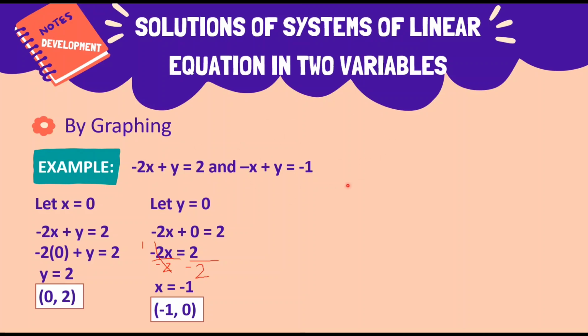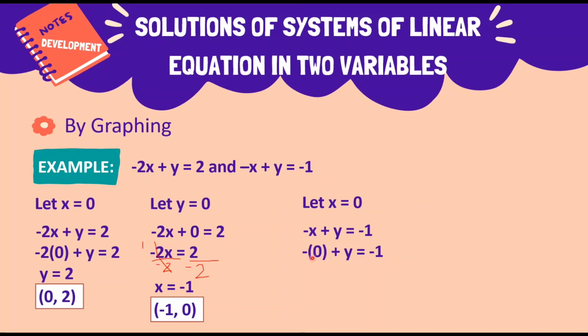So let us move on to our second equation. Same process. We need to let x is equal to 0 and let y is equal to 0. So we have let x is equal to 0. Let us have negative x plus y is equal to negative 1. And then we need to substitute 0 to our variable x. So it becomes negative times 0 plus y is equal to negative 1.